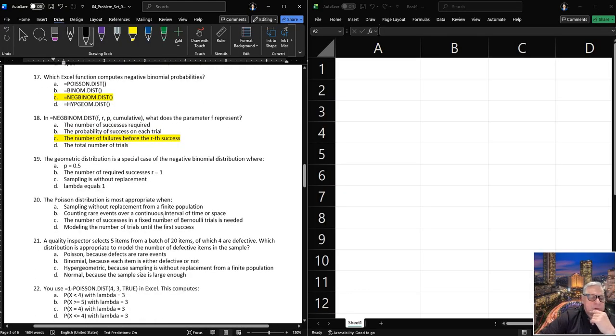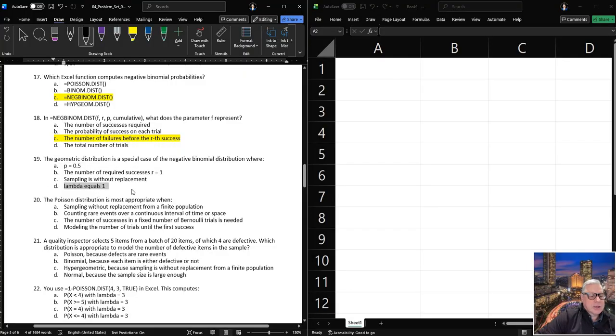The geometric distribution is a special case of the negative binomial distribution where p equals 0.5. The number of required successes is equal to 1. Sampling is without replacement. Lambda equals 1. So the geometric distribution is, no, it can't be 0.5 because probability could be anything.